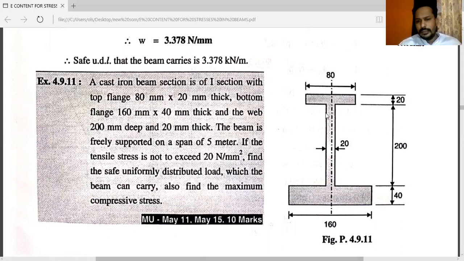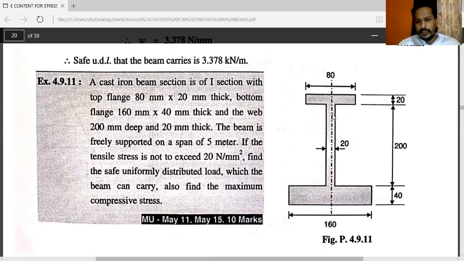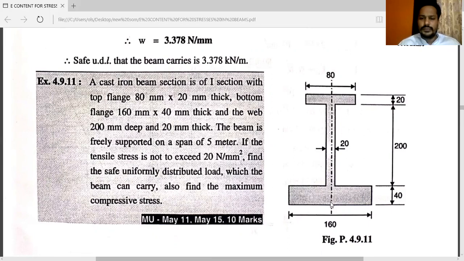See the diagram, top flange is given, bottom flange dimensions are also given, and the vertical web dimension is given. You can see this dotted line, it indicates the vertical center line of the given section. The diagram is symmetrical about this line.